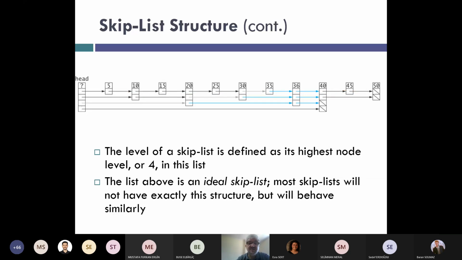So 20 is a part of 3 linked lists. 30 is a part of 2 linked lists. 35 is part of just 1 linked list.